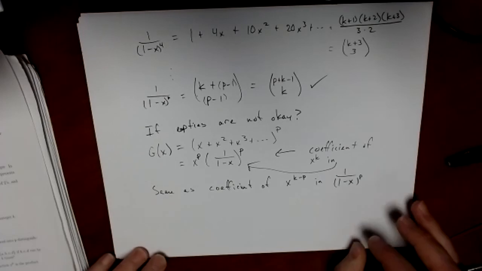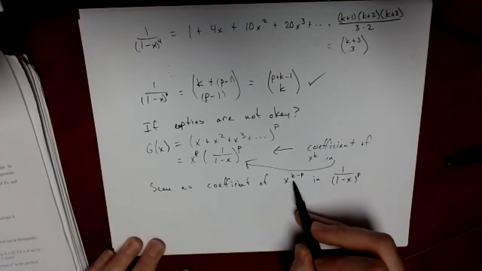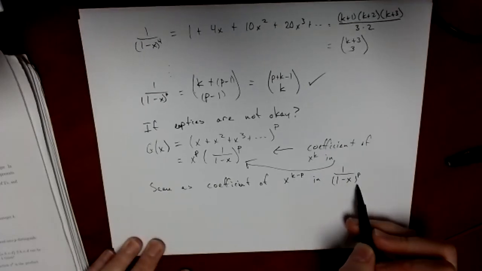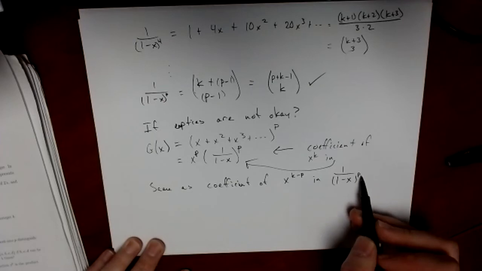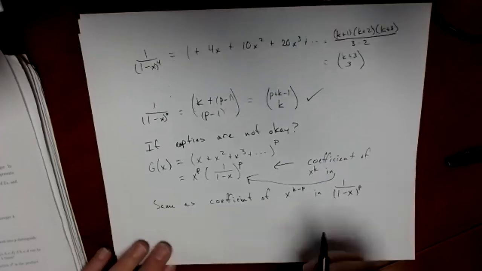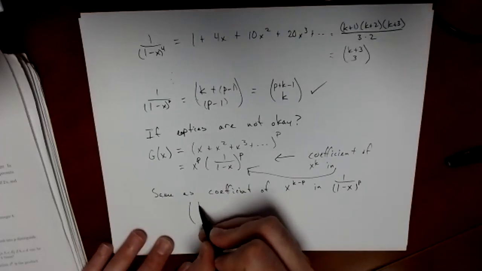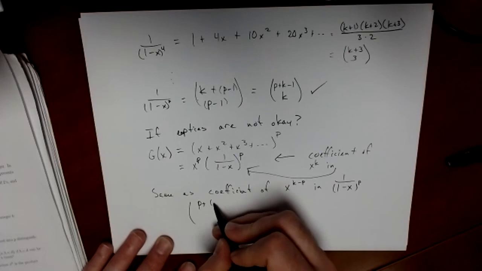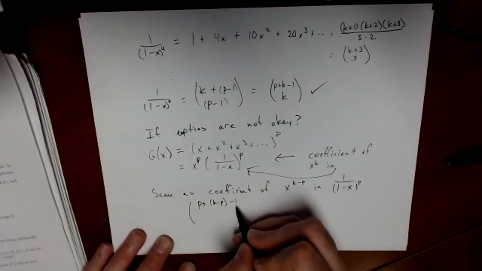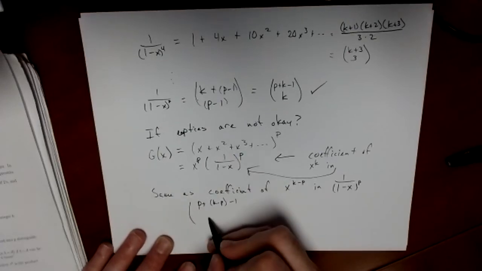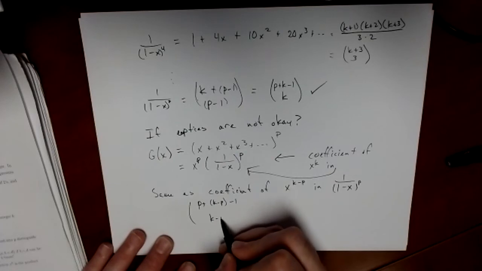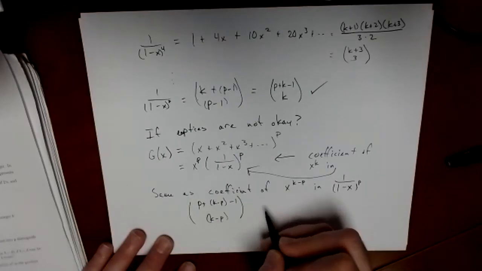And so the coefficient of x to the k minus p in 1 over 1 minus x to the p, just using this, so I have p plus k minus p minus 1, or sorry, not over, k, choose k minus p.